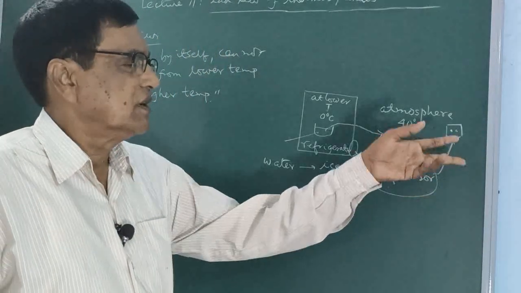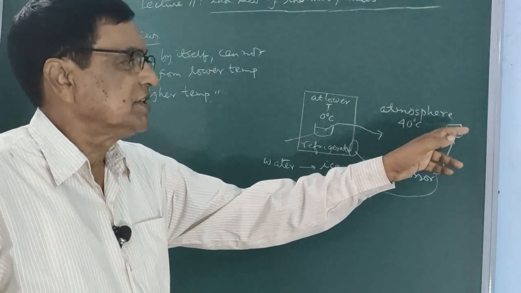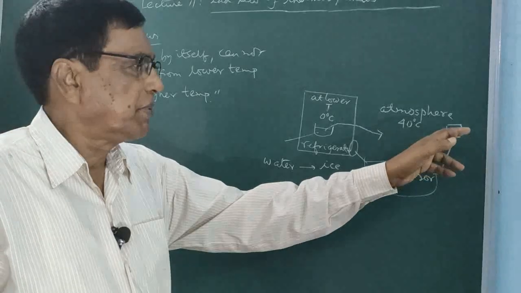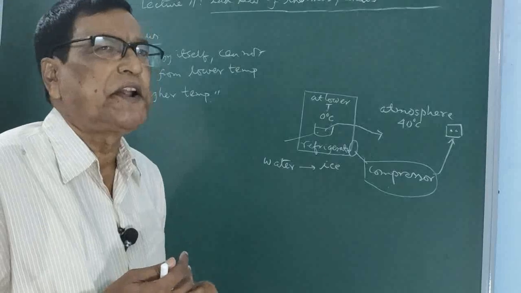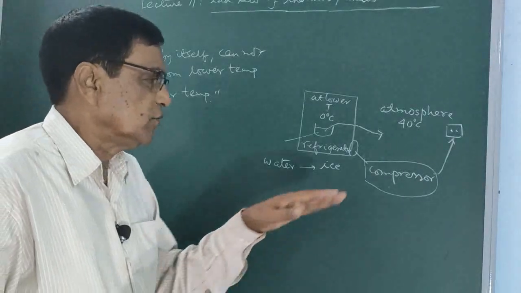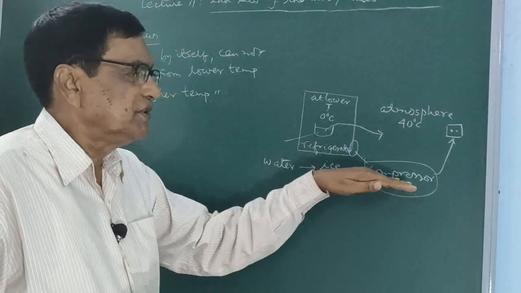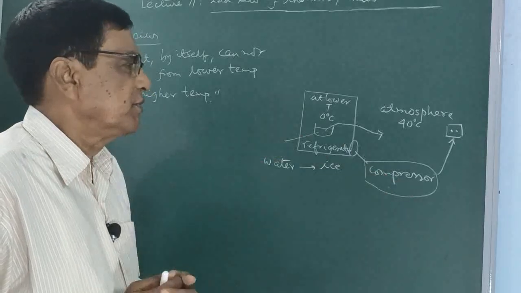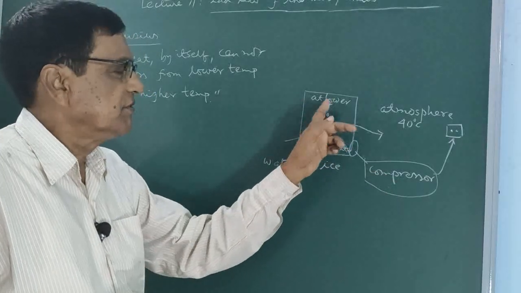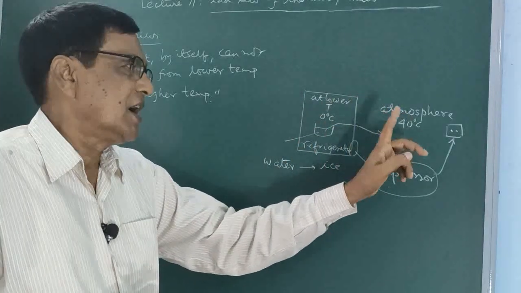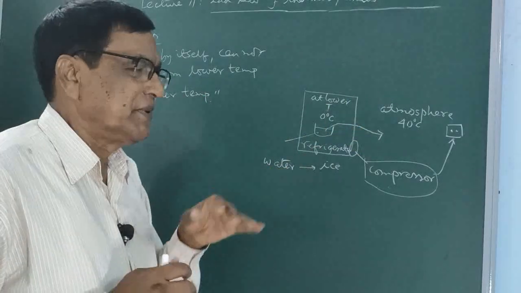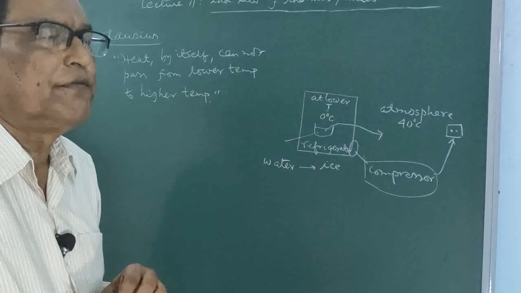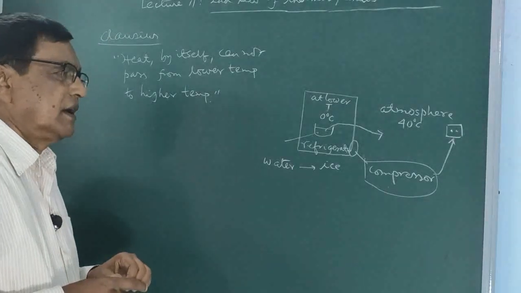This compressor takes electricity from this electrical plug, and this compressor will do this mechanical work. And with the aid of this compressor, it is possible to extract heat from this lower temperature to this higher temperature. So this Clausius statement is very popular.